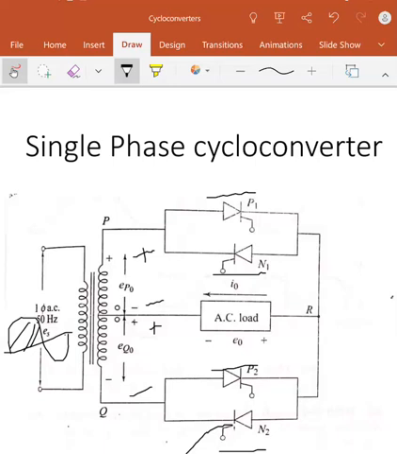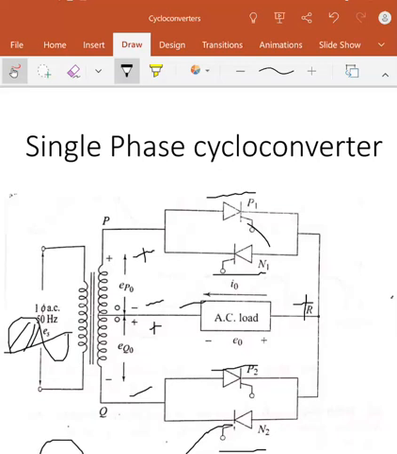So let us decrease the frequency. In the first positive half cycle, P1 is forward biased. When P1 is turned on, I get a voltage with this side positive and this side negative, so I get this kind of waveform.